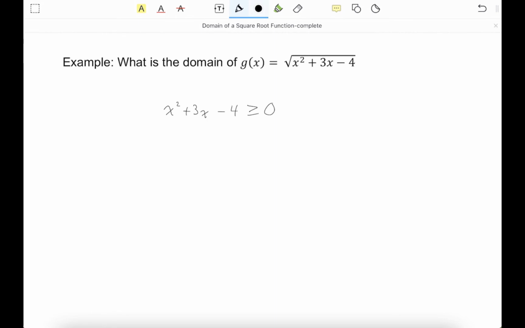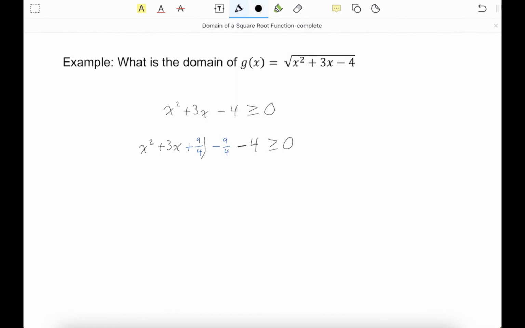So we have x squared plus 3x, and I'll take half of 3, 3 halves, square that gives me 9/4. So I'll add 9/4 and subtract 9/4, adding 0. I have minus 4 still there, that's greater than or equal to 0.